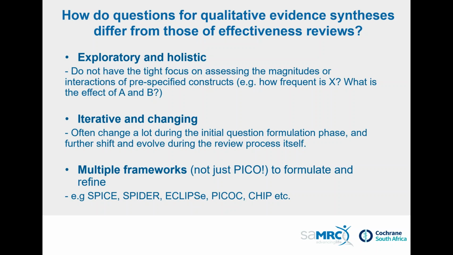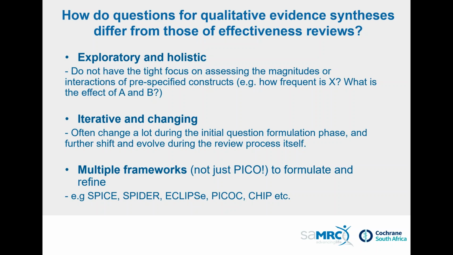Then secondly, unlike effectiveness review questions, where the starting point is usually a fixed question, qualitative evidence syntheses may have either a fixed question to begin with, or have a more emerging kind of review question.